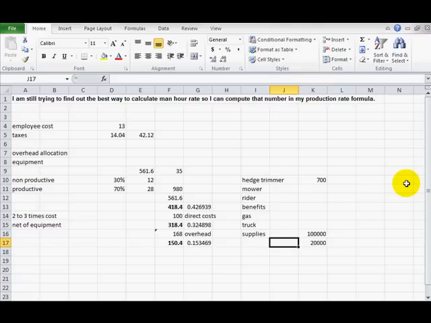Then up here, I took my numbers, my $35, and let's go back to $30. I figured out that if I sold 840 hours, or $840 worth of labor at my $30 an hour billing rate, 20% of that would give me an overhead allocation of $168. So I would allocate $168 to that.